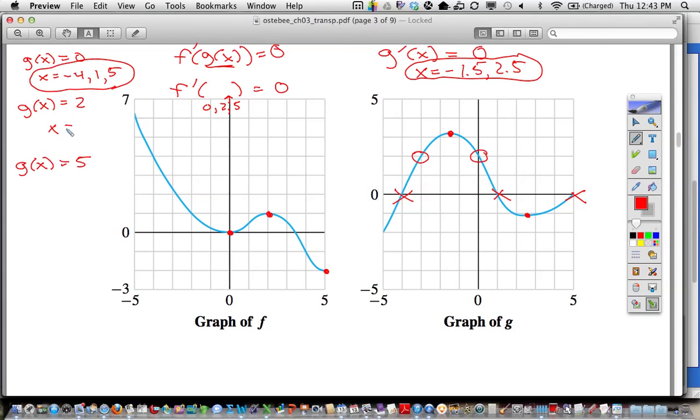So x equals 0 or negative 3. There's 2 more answers. When is g 5? Never. Not in that interval, for sure. So 1, 2, 3, 4, 5, 6, 7 different answers for stationary points of h.